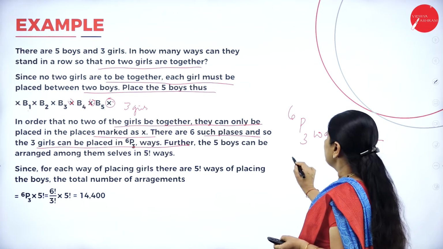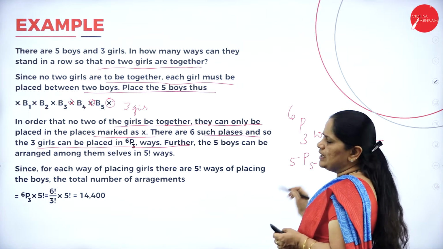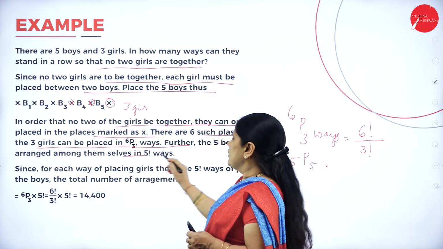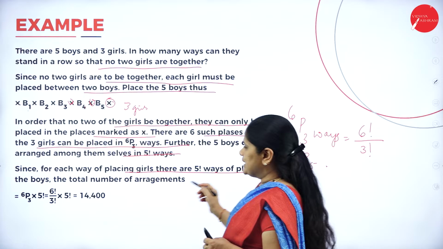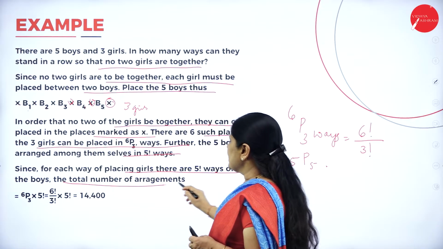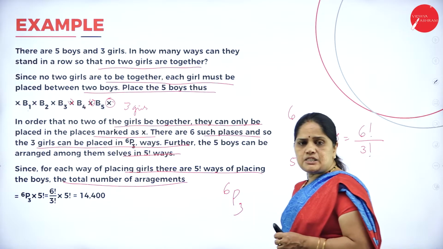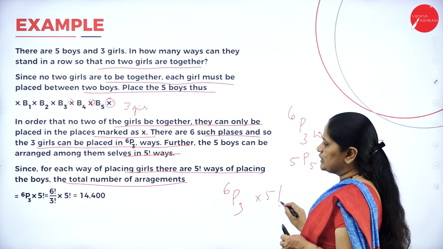Further, the 5 boys can be seated among themselves in 5P5 ways, or 5 factorial ways. Since for each way of placing girls, there are 5 factorial ways of placing the boys, the total number of arrangements will be, for the girls 6P3, and for the boys 5 factorial.